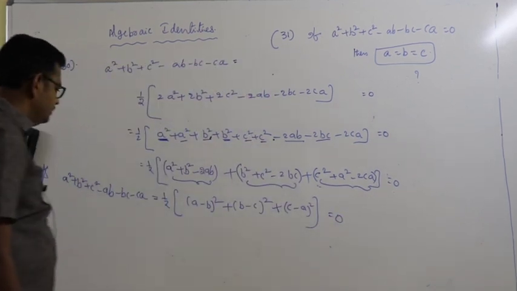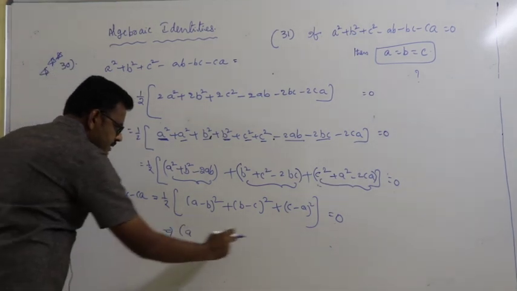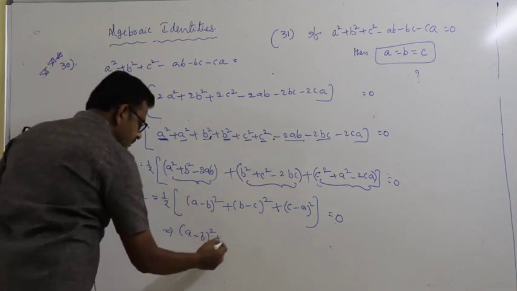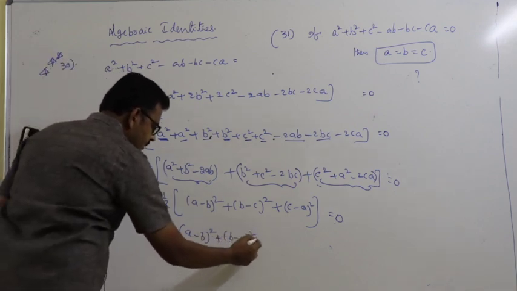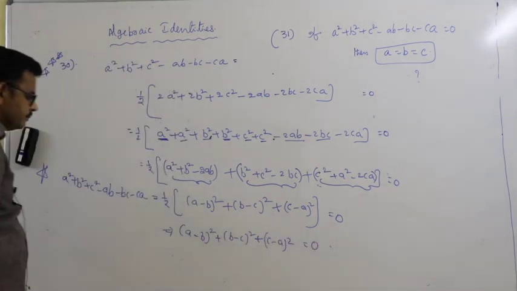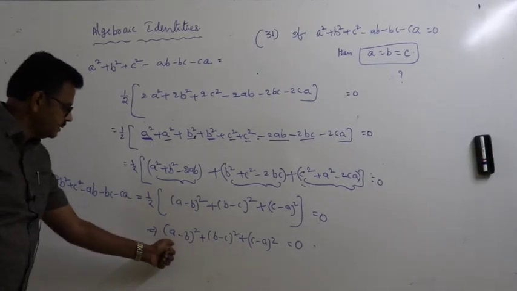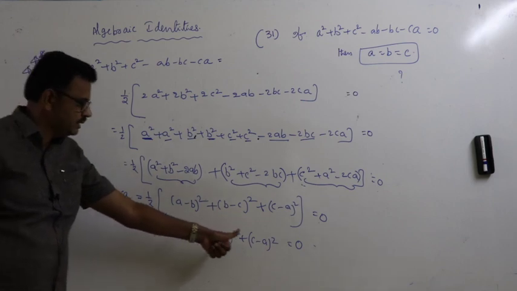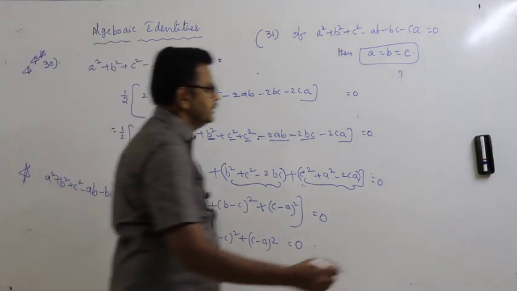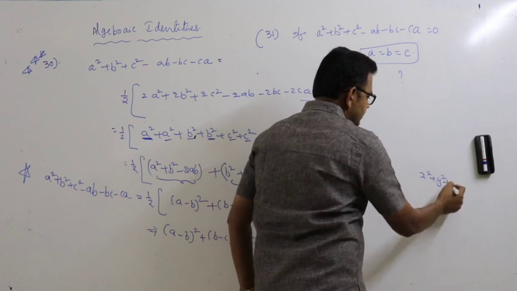That implies, by cross multiplication, a minus b whole square plus b minus c whole square plus c minus a whole square is equal to 0. Suppose you take here x square plus y square plus z square is equal to 0.